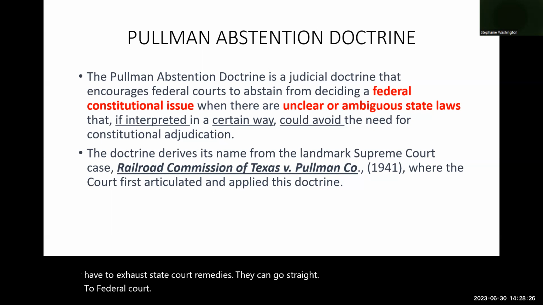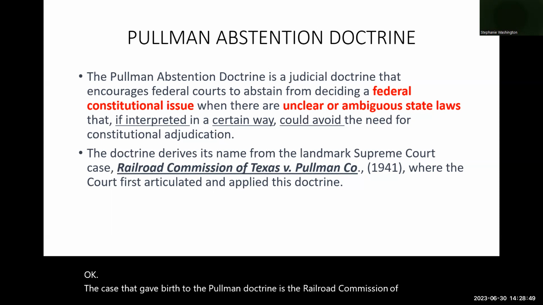But what you're going to see in Pullman is going to be a little bit different than what we've been seeing historically. Okay. The case that gave birth to the Pullman Doctrine is the Railroad Commission of Texas v. Pullman case, 1941.